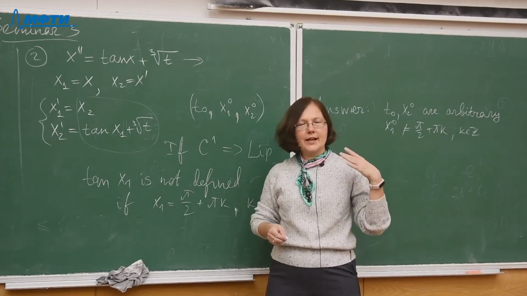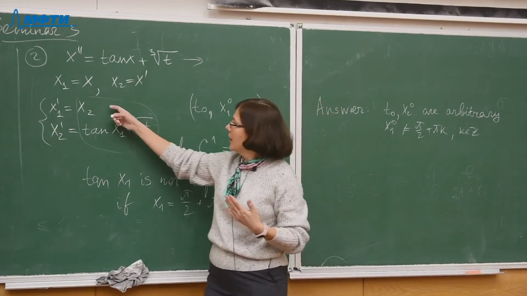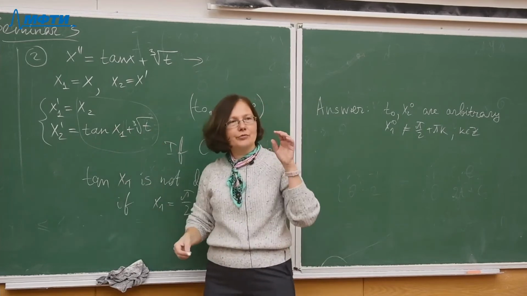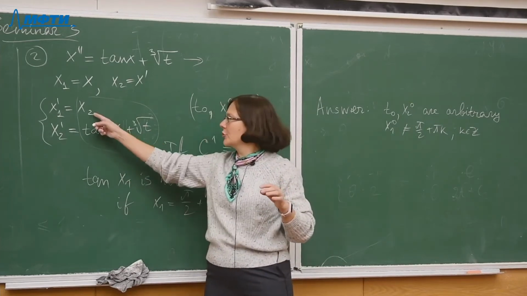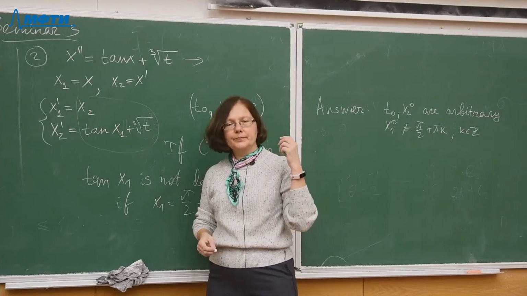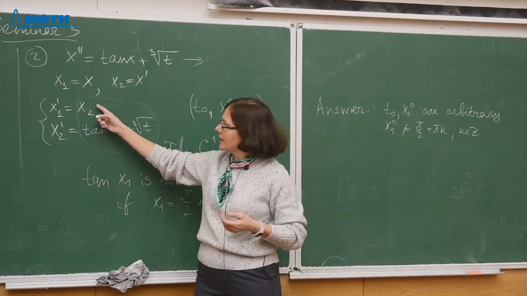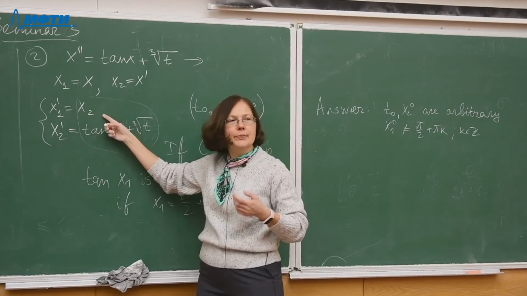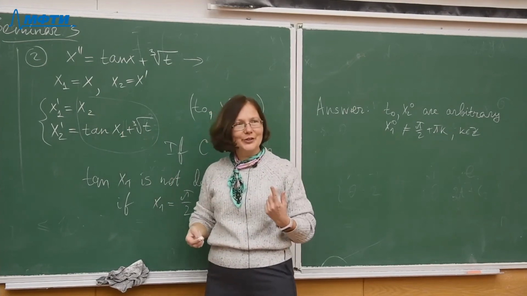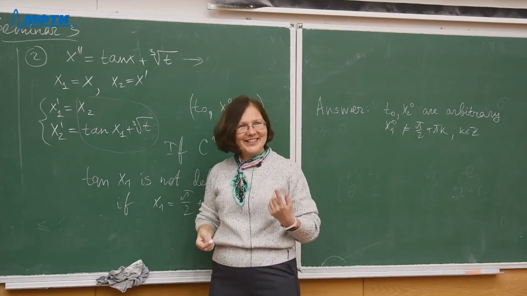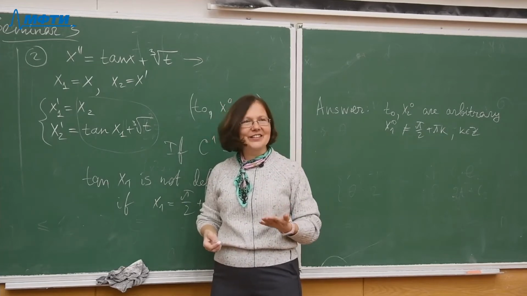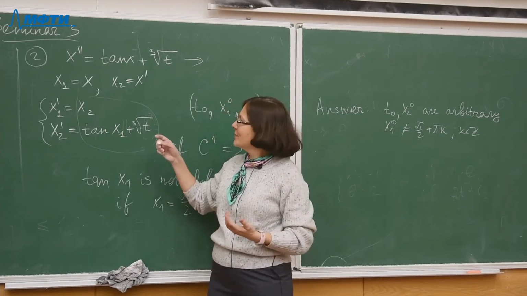This means that the partial derivatives of both components of f with respect to x2 exist and are continuous. If we consider the partial derivative of the first component with respect to x2, we'll get 1. So it exists and it is continuous.